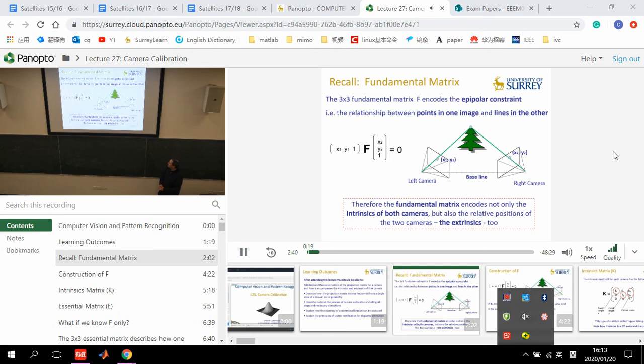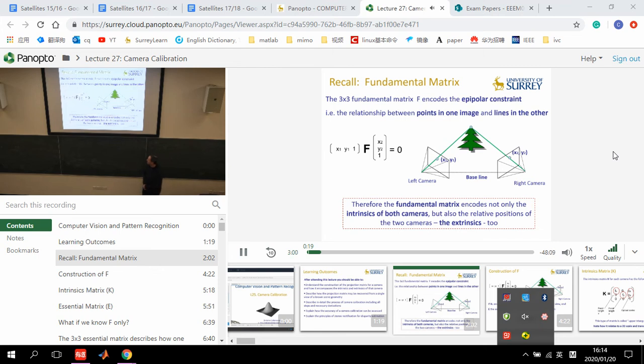So if I were to view the top of that tree here on the left-hand camera, and that's my location of it, my x1, y1, then all the possible locations of that point along that ray of light form the image of a line in the right-hand camera, and we call that the epipolar line.